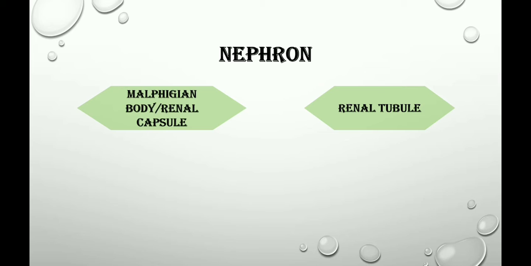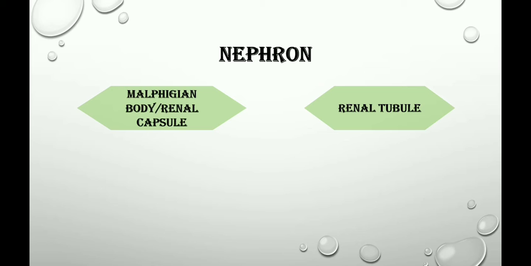Malpighian body is near about 200 micrometer in diameter, whereas renal tubule's proximal end is connected to Malpighian body. That proximal end is wide and blind, whereas the distal end of renal tubule is open, and this tubule is 4 to 6 centimeter long.